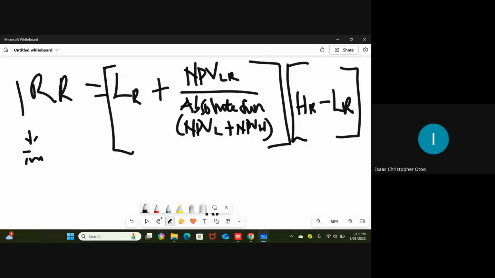Then you bring it here, plus the NPV of the lower rate. And absolute: add the NPV of the lower rate and the NPV of the higher rate together, whether positive or negative. When you say absolute, make it positive. Then multiply by the higher discount rate minus the lower discount rate. There you get it.